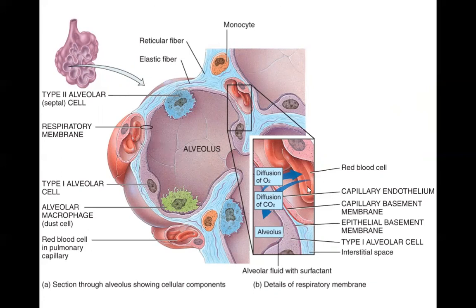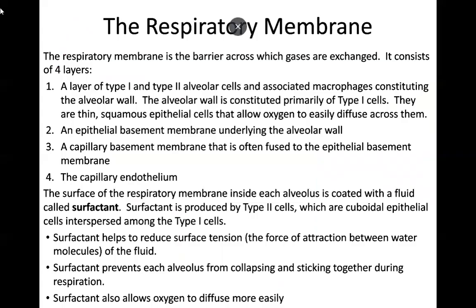The 4 layers we are zooming in on in this box are all capitalized here on this part of our figure. It includes what we call type 1 alveolar cells. Type 1 alveolar cells are one of the 2 primary types of cells in our alveoli, the other being type 2s, which I'll talk about down here at the bottom.